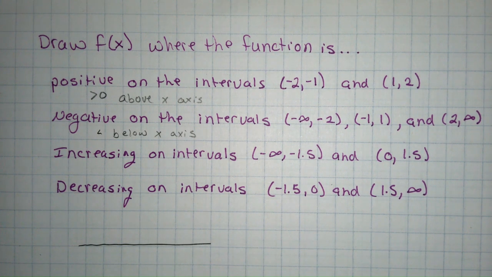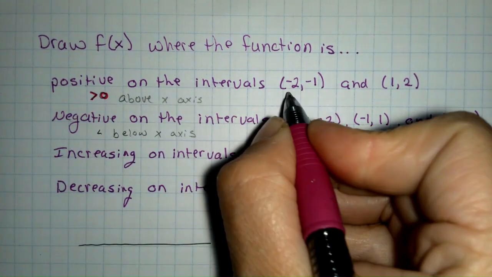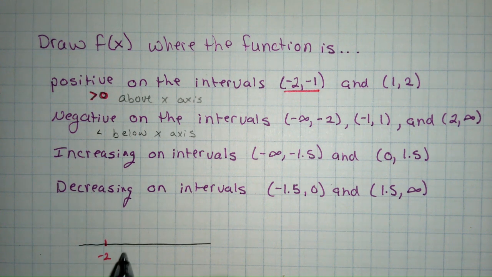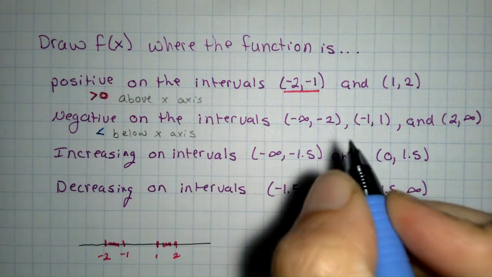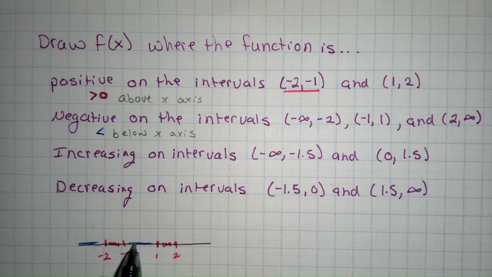So they want us to be positive between -2 and -1. And then between 1 and 2. And then they want us to be negative or below between -infinity and -2, between -1 and 1, and between 2 and infinity.